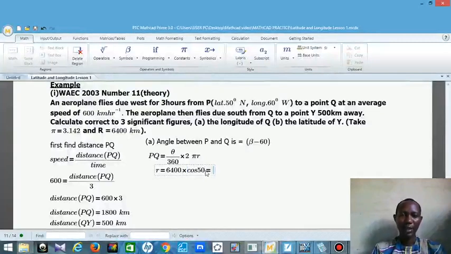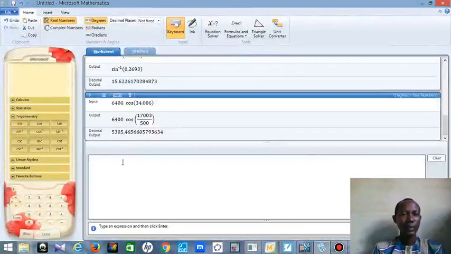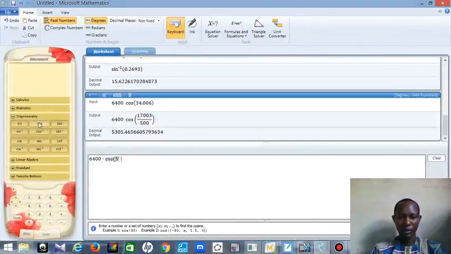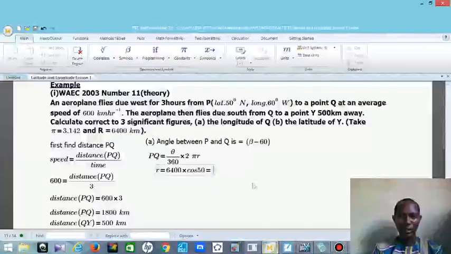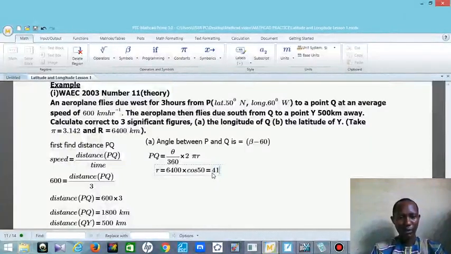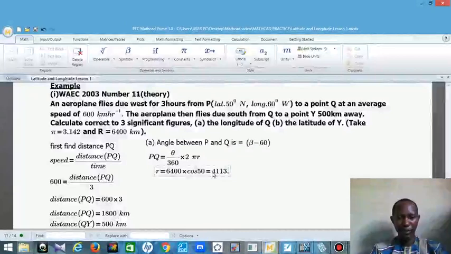Then your answer will now be, you can use your calculator. Let me use my calculator and do it fast. 6,400 times cos 50 is going to be equals to 4,113.8407 kilometer.